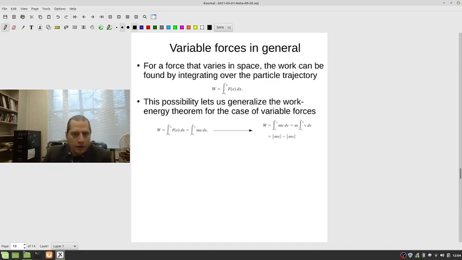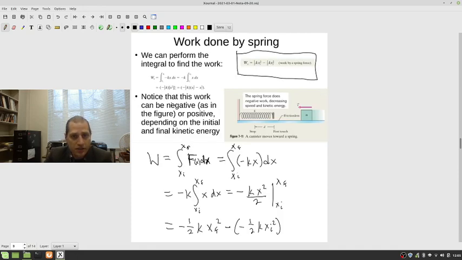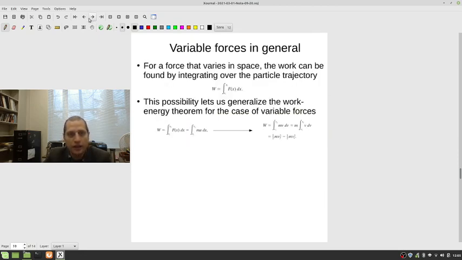So what we will be interested in general is to find the work done by forces that are varying in space, and it's going to be the exact same process as we did here, where we put in the force and we integrate, but it could be any old force that's a function of x.